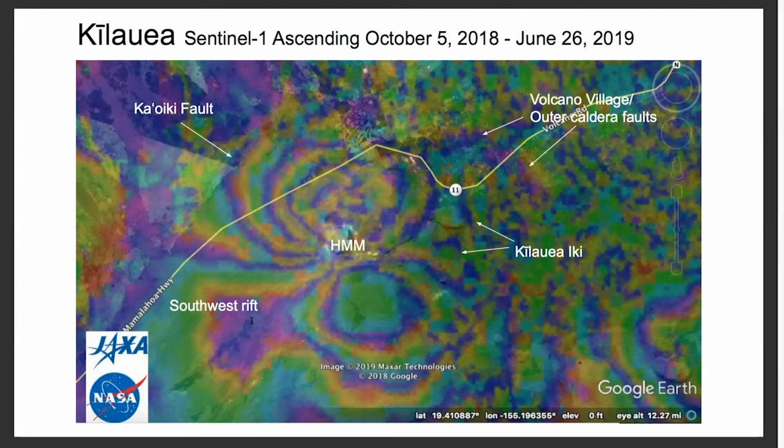And then this big purple-blue blob in the Southwest Rift is interesting. This is where I wish I had unwrapped it, because if I knew for sure that was away or down, which is what I think it is, my hypothesis is that that area was blanketed in ash during the eruption from all the explosions.